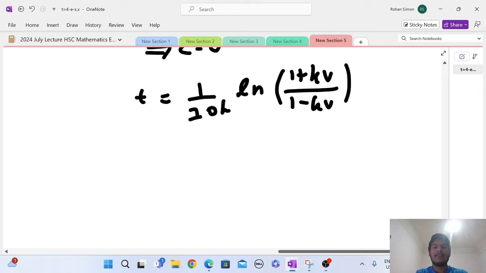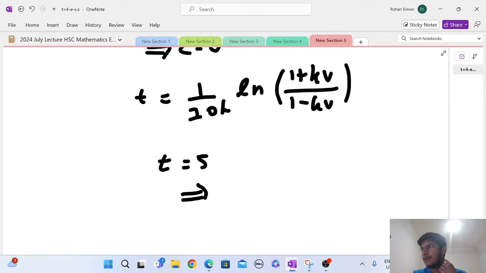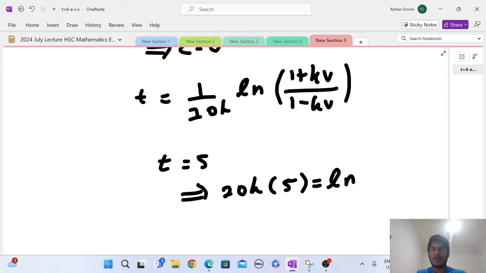So at t equals 5, we can bring the 20k up, so we get 20k times 5 equals ln of (1 plus kv) over (1 minus kv).